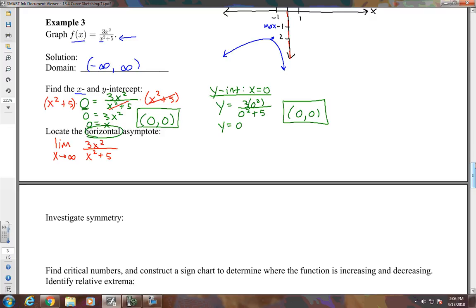Remember, if the degree of the numerator and the denominator are equal, as they are in this case, then the limit is the ratio of leading coefficients. Leading coefficient on the top is 3, leading coefficient on the bottom is 1, so the limit here is equal to 3. Thus my horizontal asymptote is the equation y equals 3. You may want to go back and review those 3 rules when you're calculating a limit at infinity.